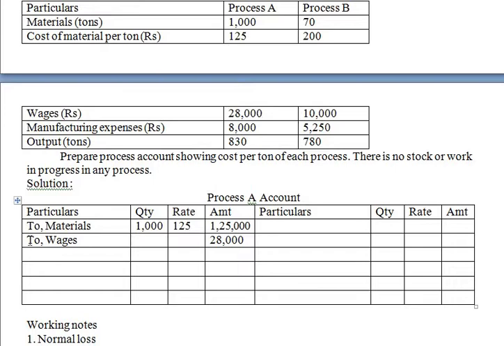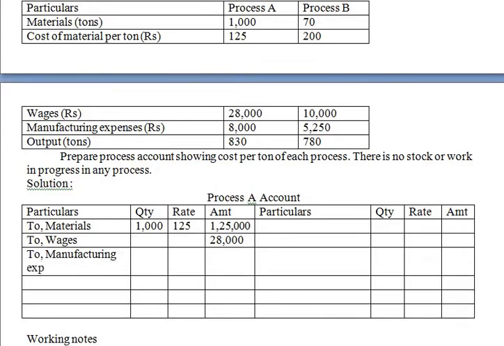Next, to manufacturing expenses. Manufacturing expenses is 8,000. Okay. Output, this is taken later.